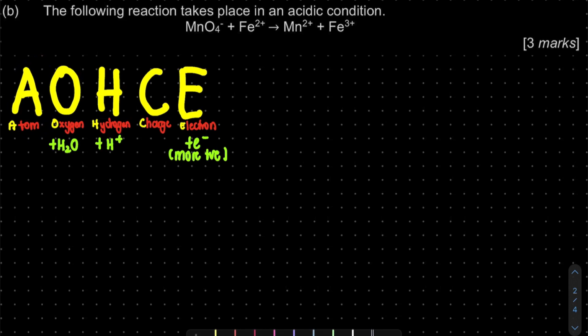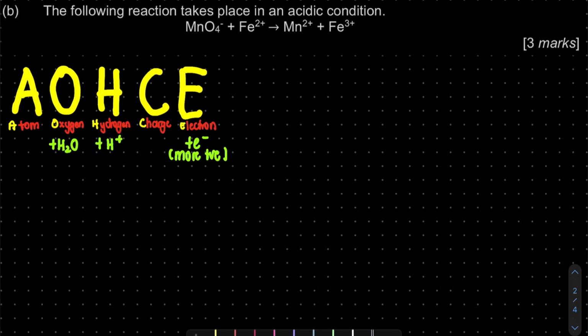Next, once we have balanced it in terms of atom, we're going to balance in terms of oxygen. So on the side where we have less oxygen, we're going to add H2O. Once we have balanced oxygen, we're going to balance the hydrogen. On the side with fewer hydrogen, we're going to add H plus.